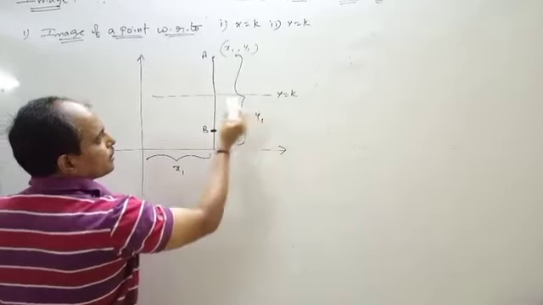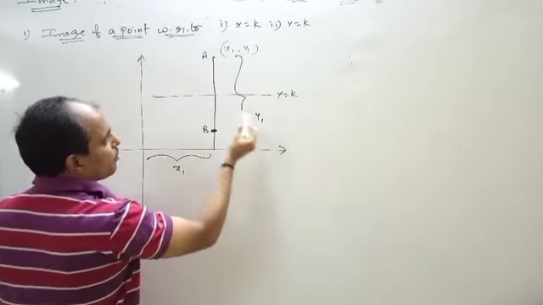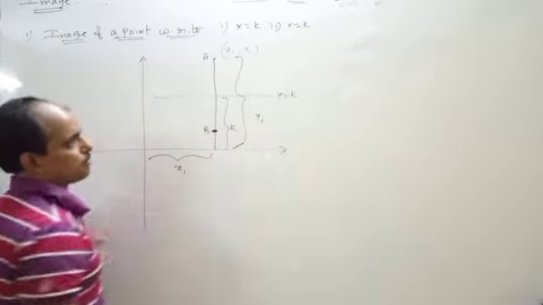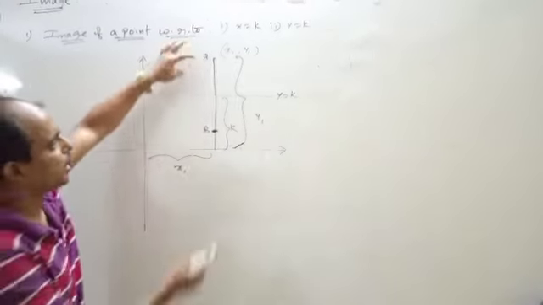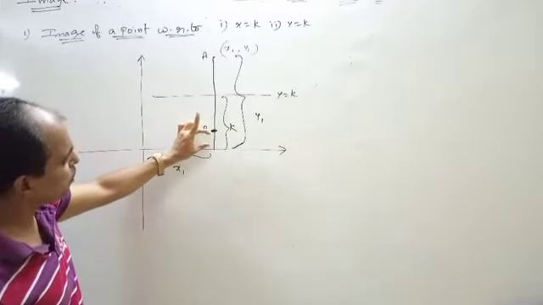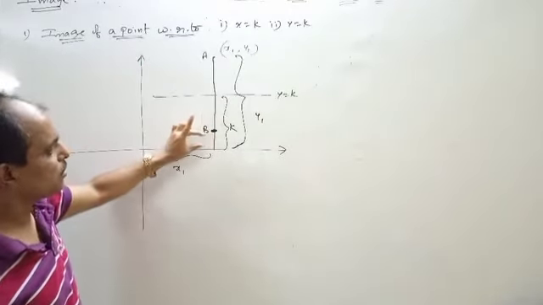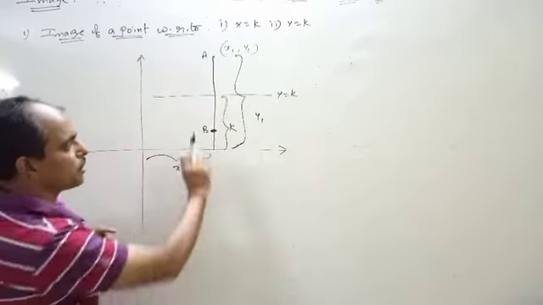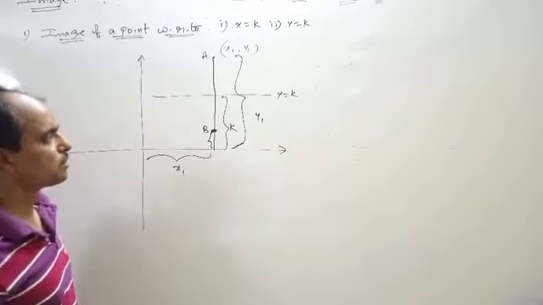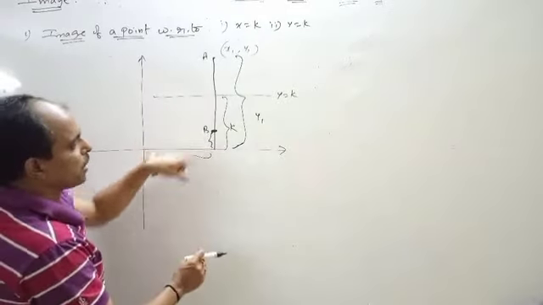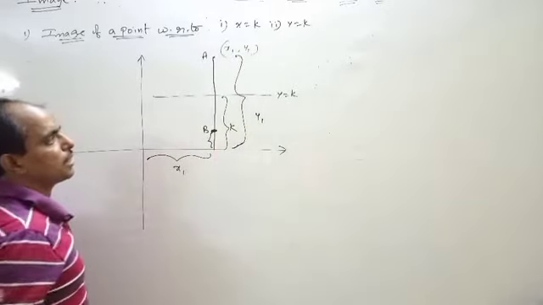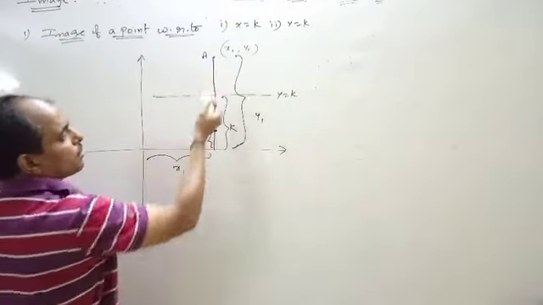Now here, this is y is equal to k. Y is equal to k means the entire distance is equal to k. This distance is k, and from here to here the distance is y1. So what about this distance? Tell me. This is k minus, where the total distance is y1 and this is k. So what about this one?